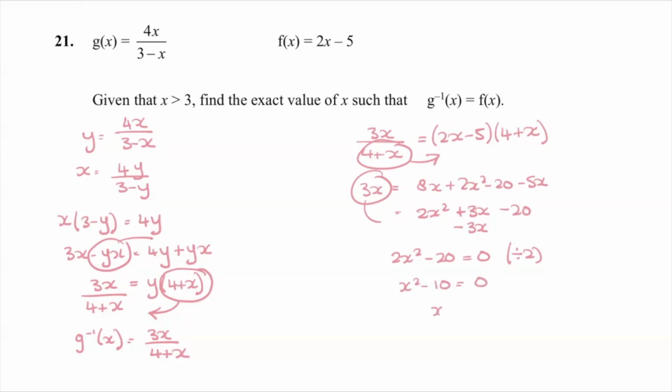And then I've got x squared equals 10. Now, x would equal plus or minus the square root of 10. I'm being told in the question that x will be greater than 3. So it cannot equal minus root 10. So the exact value is the positive root 10.